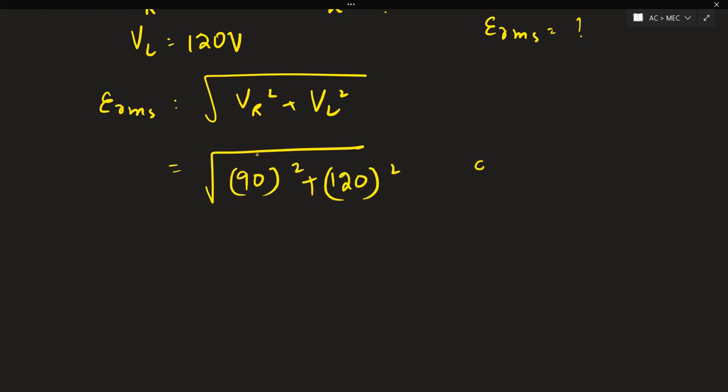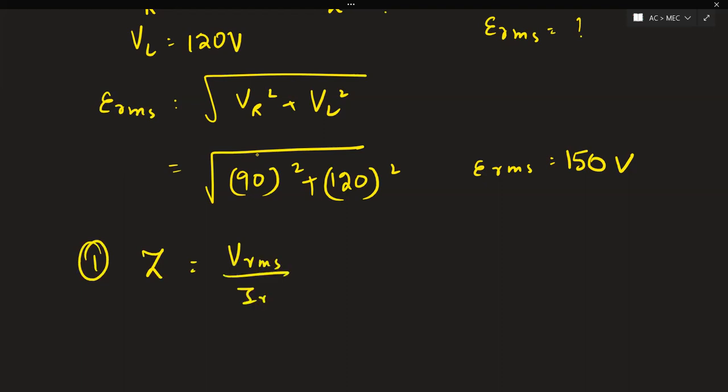So ERMS will be 150 volts. So what do we need? We need impedance. Impedance is VRMS divided by IRMS. This is 150 divided by 3, that is 50 ohms.